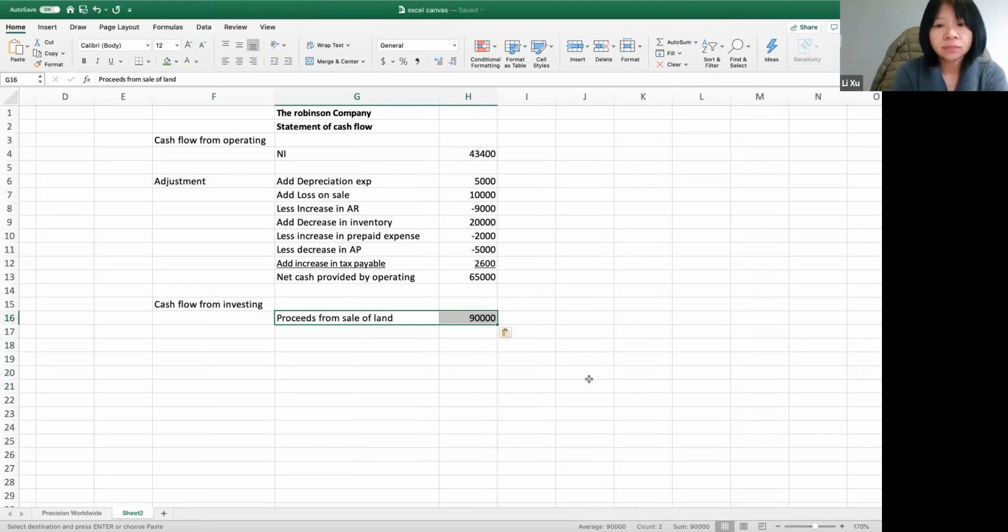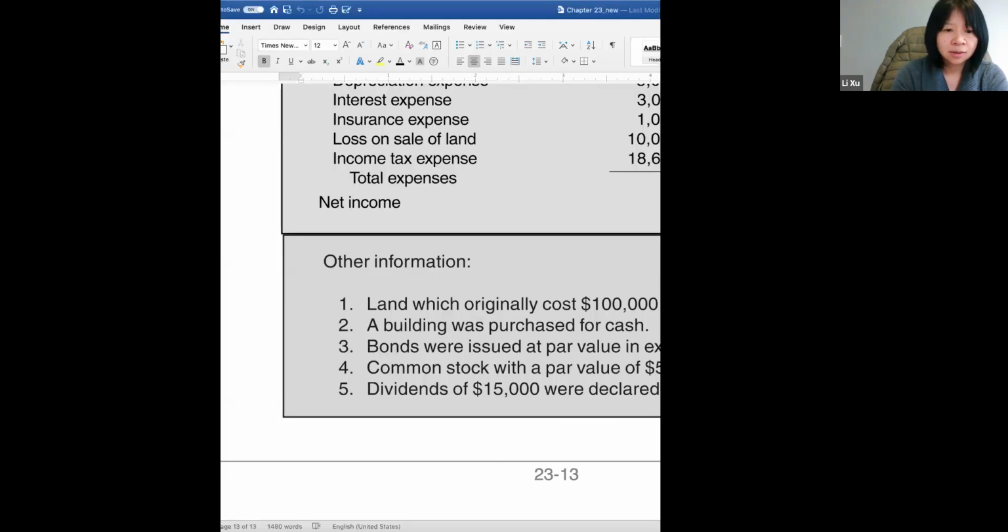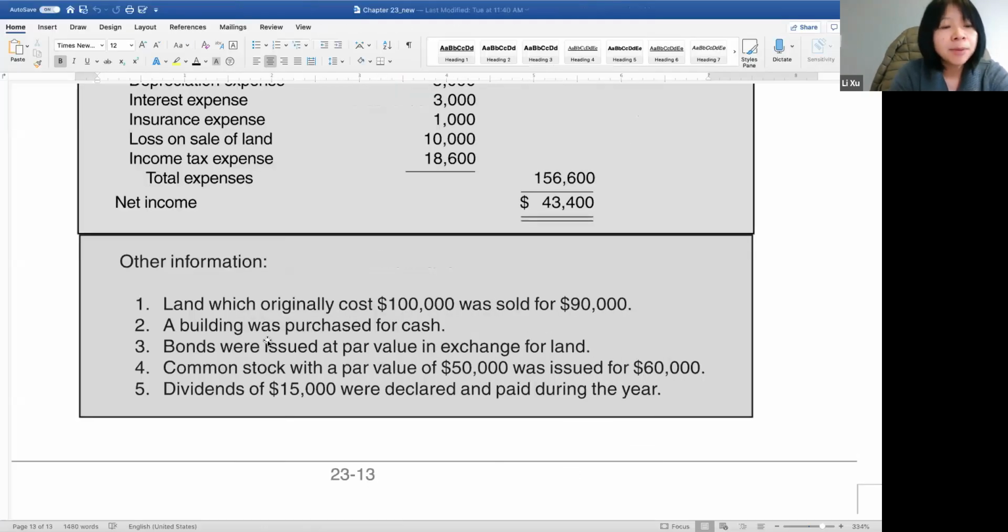Okay. All right. Now, next, what we need to look at is the building. Okay, so same thing here. You want to see how much you paid for the building. Just come back again. Look at this building. They said a building was purchased for cash. Okay, so that's the only transaction you have for the building.